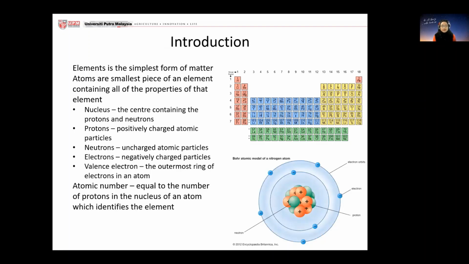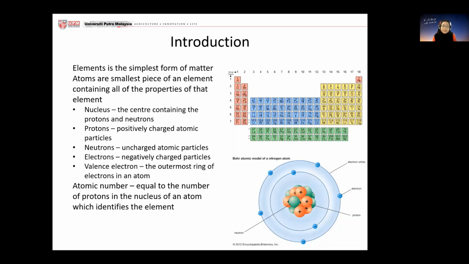So when we are talking about electricity, we cannot help but go back to the basics, right? Because I want you guys to understand how electricity is actually being produced. So if we look back, we have to zoom in to the very, very small elements and atoms.